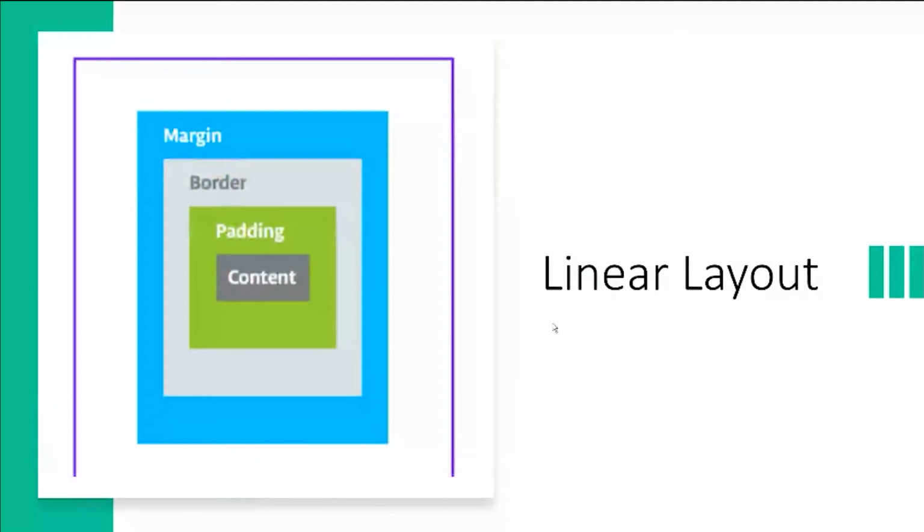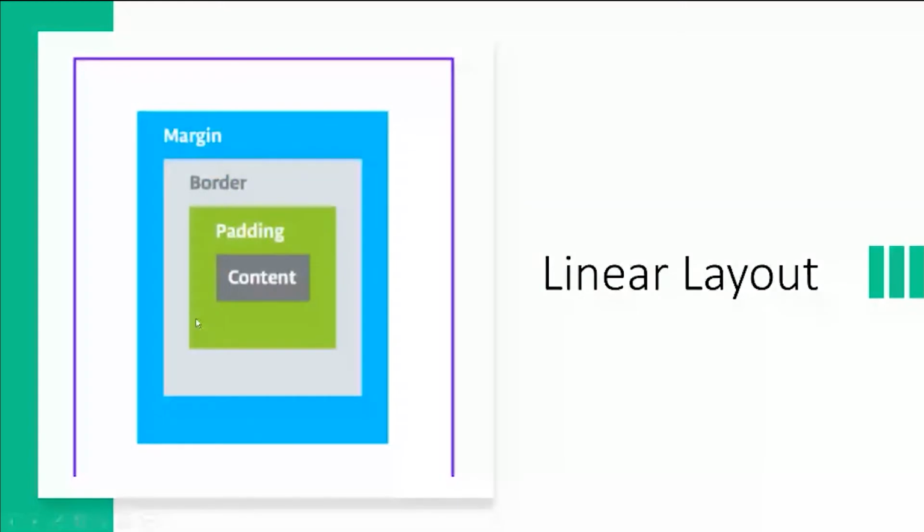Yeah, this is what I was talking about. Padding is basically the space inside the boundaries of a view or an element. It's the space between the edges of the view and the content of the view. That is, if a content is present, the space around it is what makes the padding.